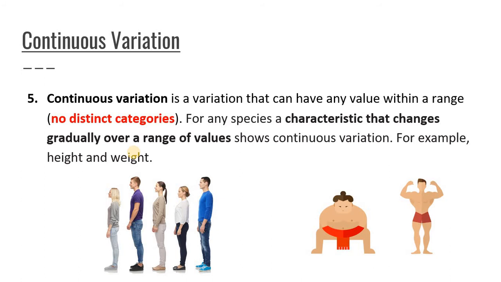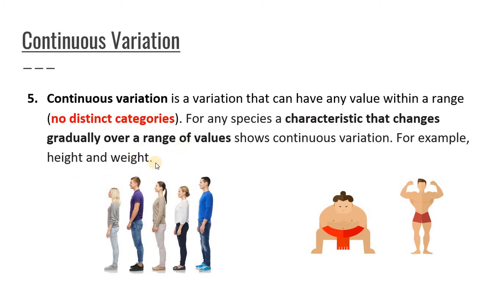Sometimes we can see that continuous variation has a set of data that has a range. To describe a range, we find the highest and lowest values.